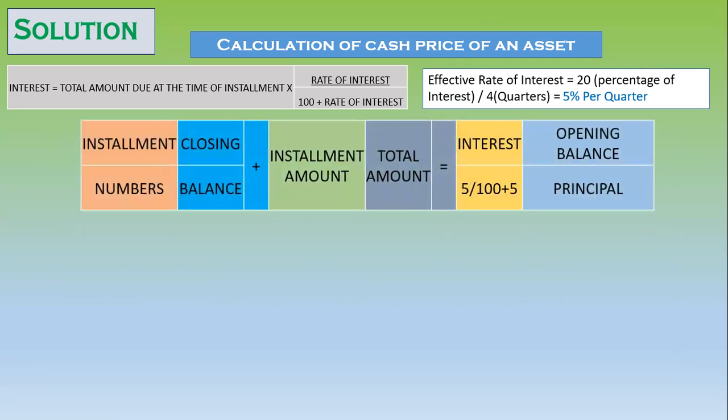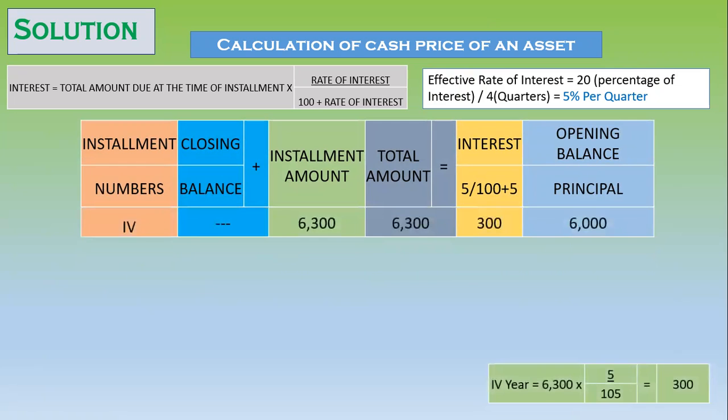Now again we can create the same table, and we start with the fourth year. For the closing balance, the customer pays 6,300 for the fourth quarter of the year. Because when they pay 6,300, the entire installment value is paid and the closing balance will be 0.